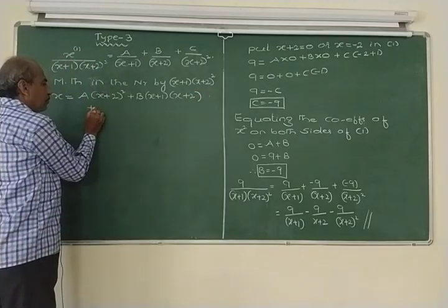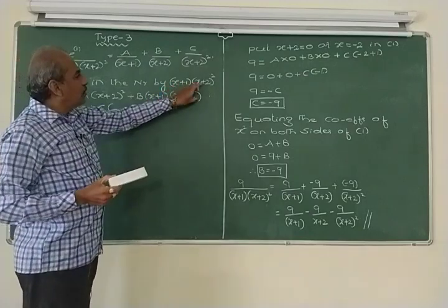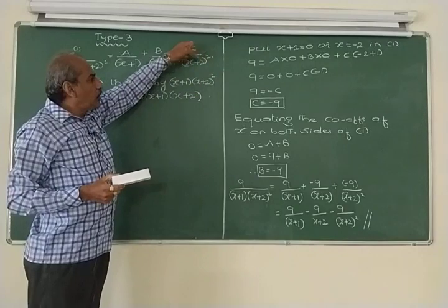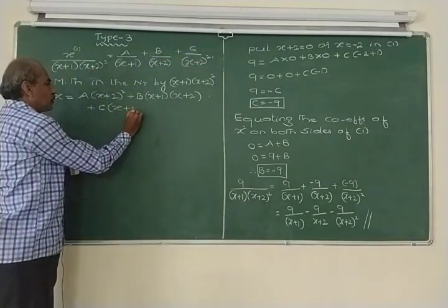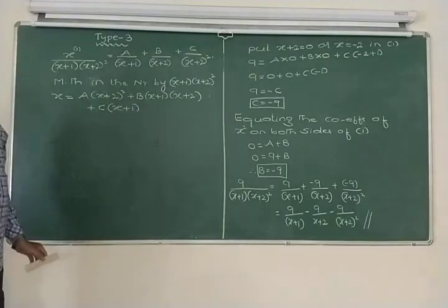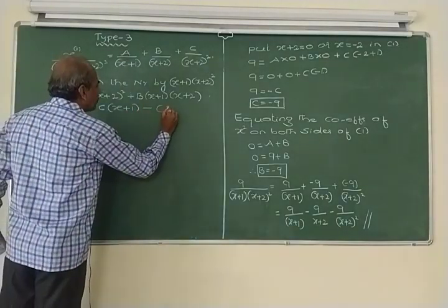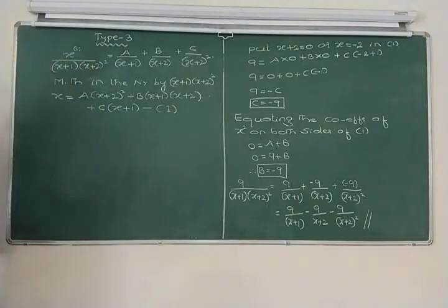Now, plus C times, you see, x plus 1 into x plus 2 the whole square, when multiplied, x plus 2 the whole square goes, only x plus 1 is left. Okay. Let us take this as equation 1. Okay. Now, we shall take like this now.